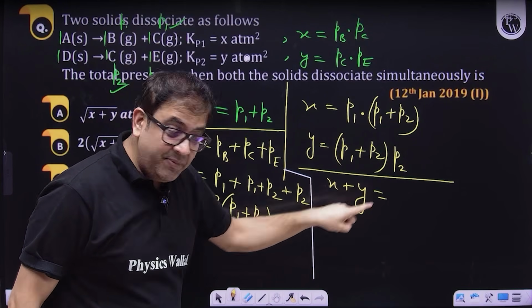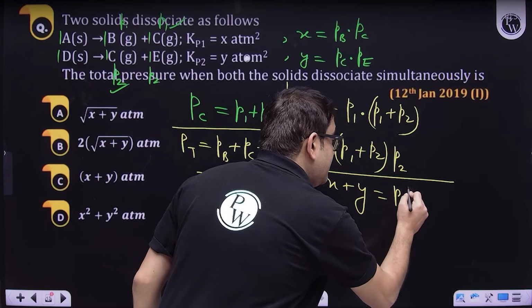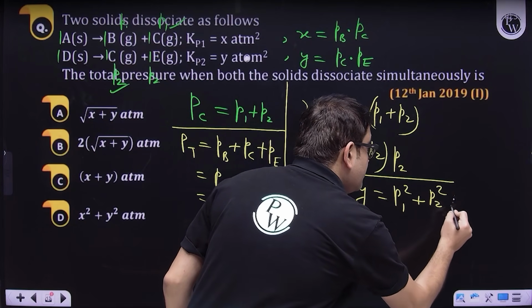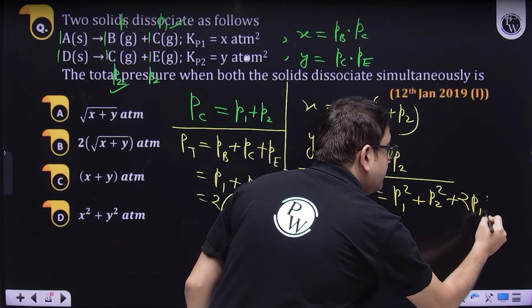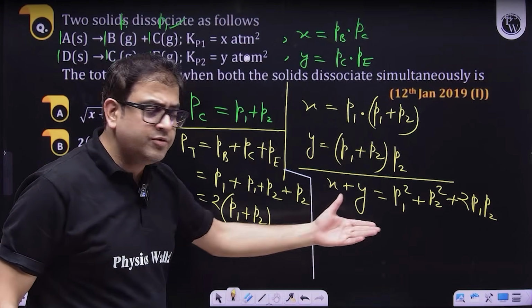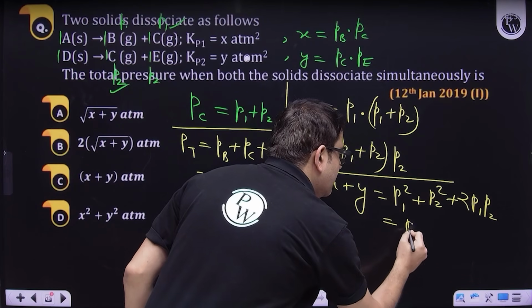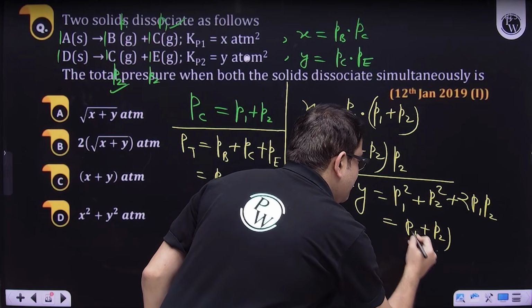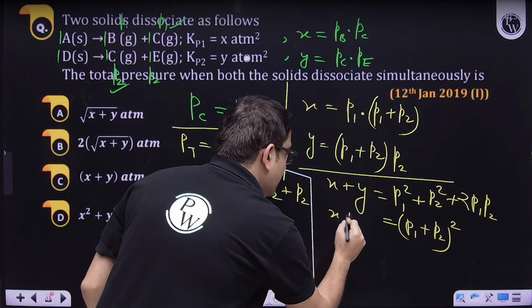P2 square plus P1 P2. Add them. Sir, P1 square plus P2 square plus twice of P1 P2. Sir, this is formula of what? We are mathematics students, sir, please. So this is X plus Y.